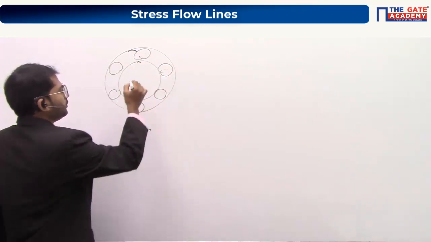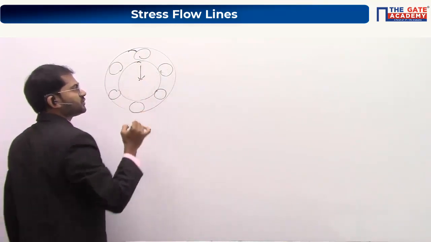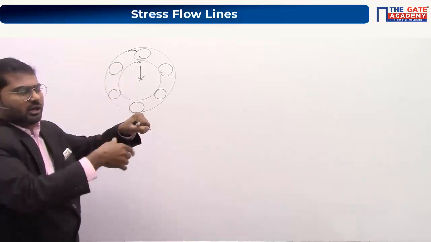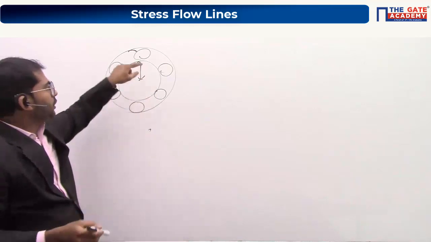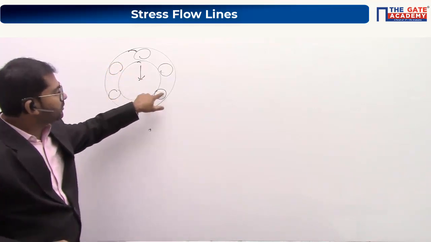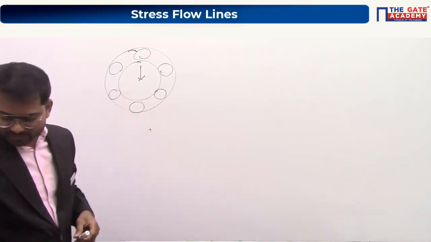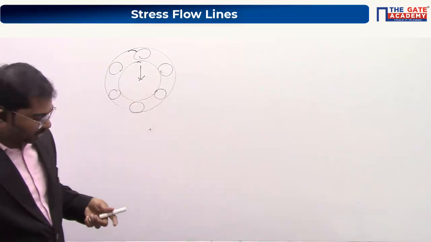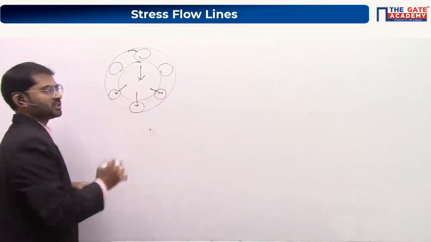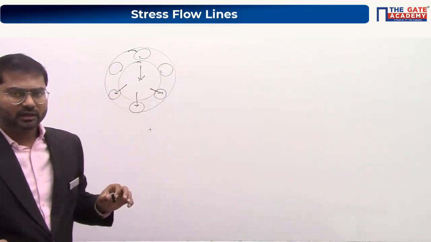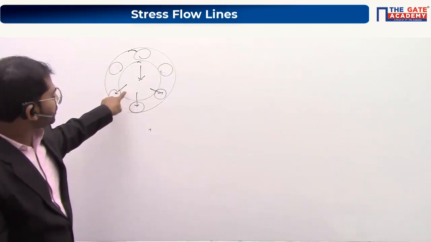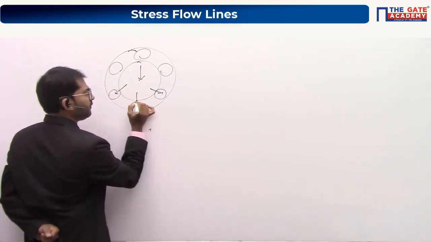Now if a load is acting on the shaft, the shaft will apply the load on these bearing balls. This load will go onto these three balls at the bottom. This load is going from the shaft to the ball through a very, very small point.